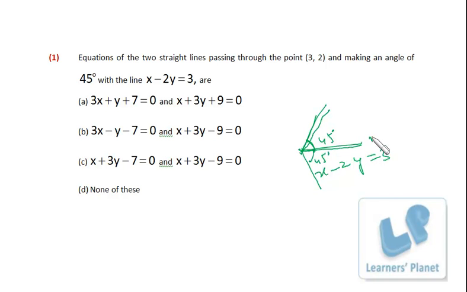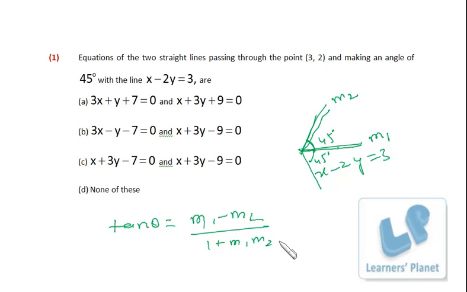Now suppose the slope of this line is m1 and the slope of this line is m2, and the angle between them is already given, that is 45 degrees. So we have tan theta, where theta is the angle between the two lines, equal to (m1 - m2)/(1 + m1 m2). Here theta is 45 degrees, so tan 45 is 1.